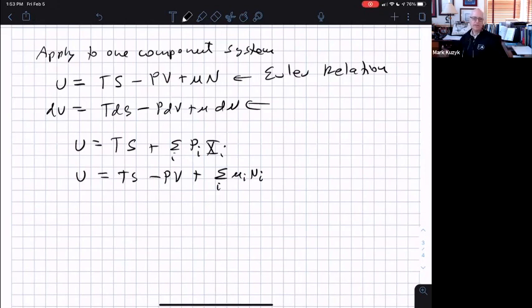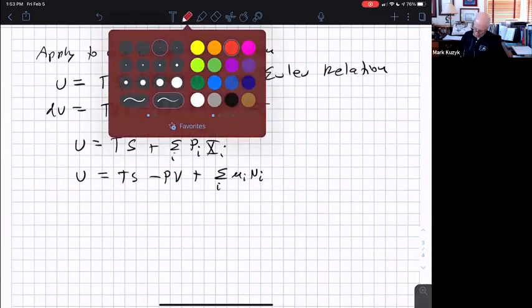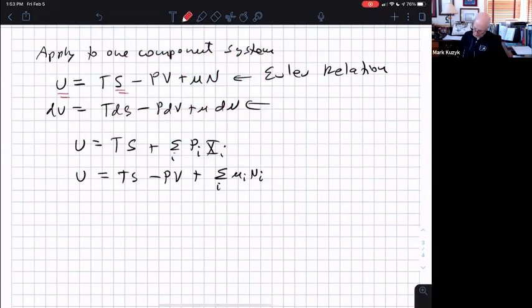So depending upon the system, but the point is, it's really cool because this relationship, notice that, let me do this in a different color, these are extensive parameters. It's all extensive, whereas these guys here are all intensive. Very, very cool.